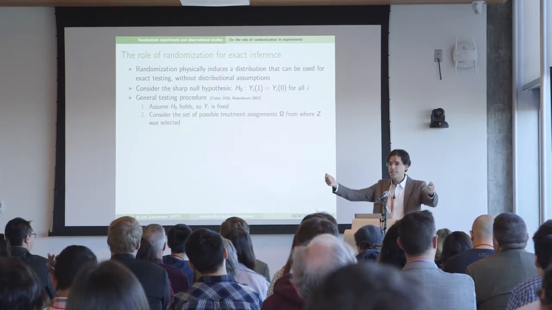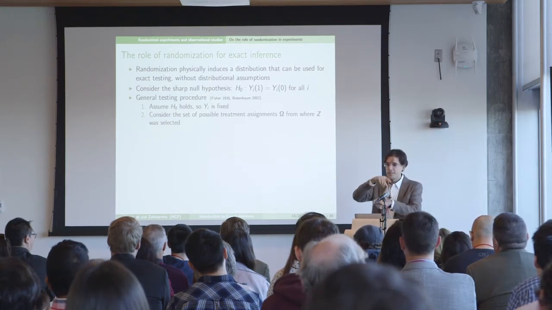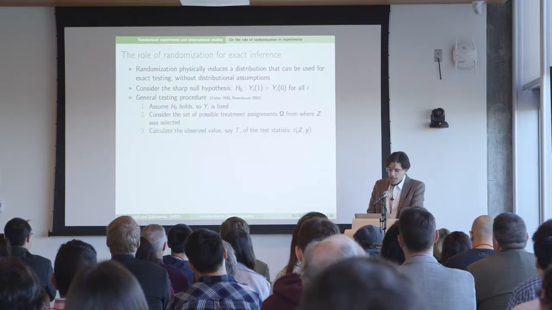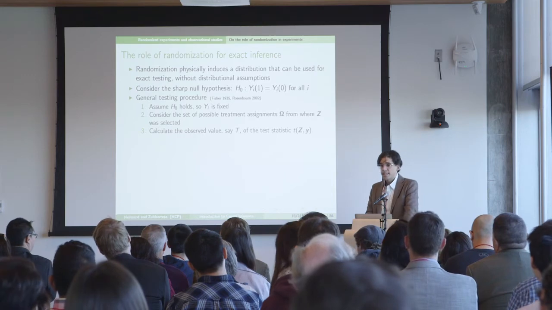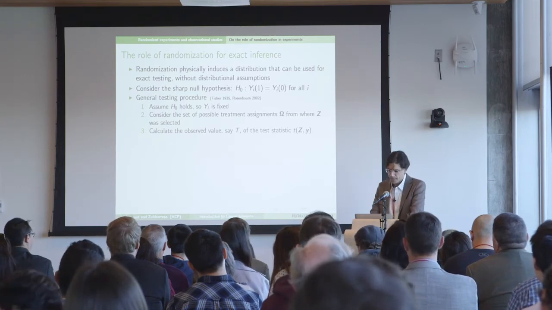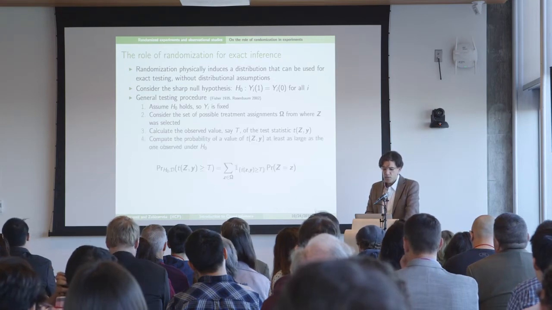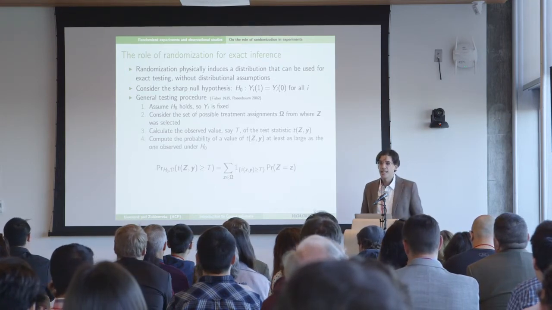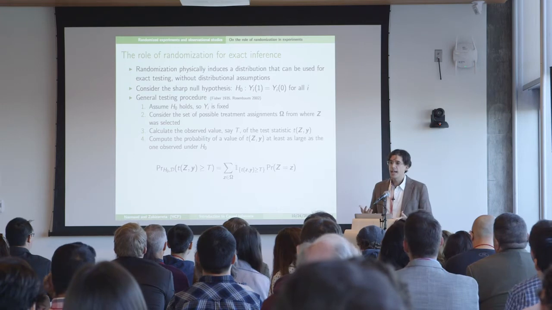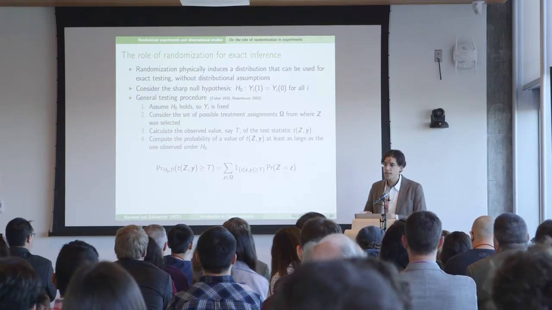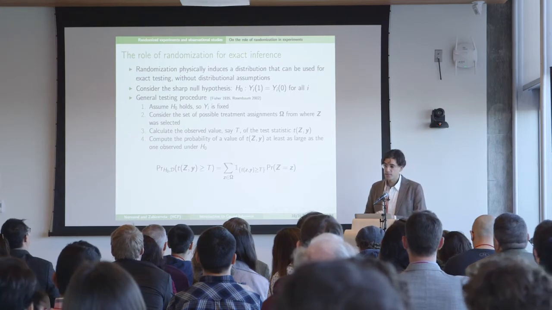I can randomly assign pairs in 2 to the number of pairs ways, right? Third, we're going to choose a test statistic wisely. We're going to compute the test statistic, and then we're going to calculate how often I see a value of the test statistic that is at least as extreme as the observed one under the null hypothesis.